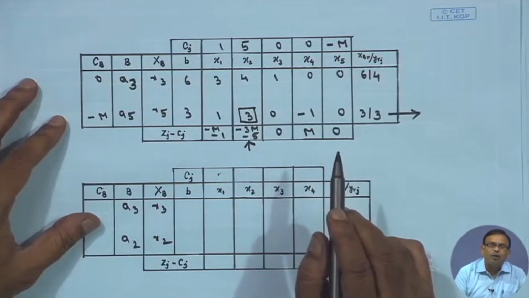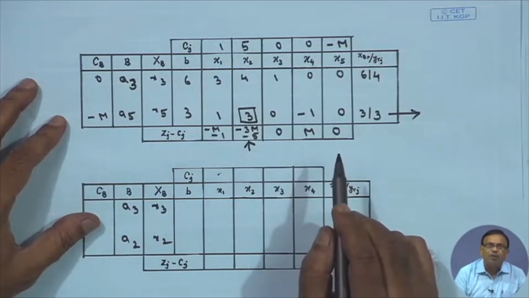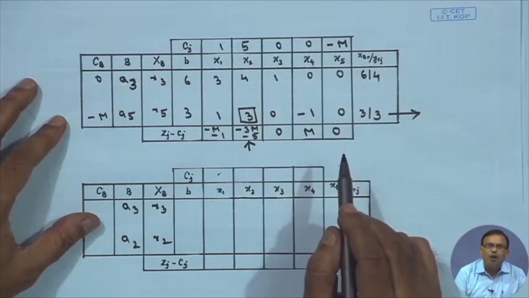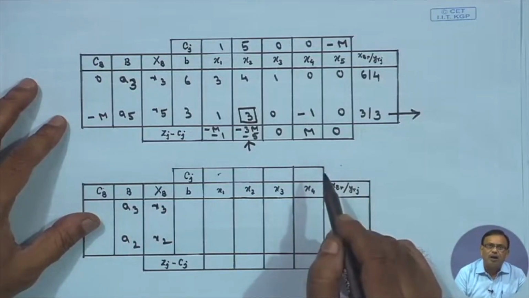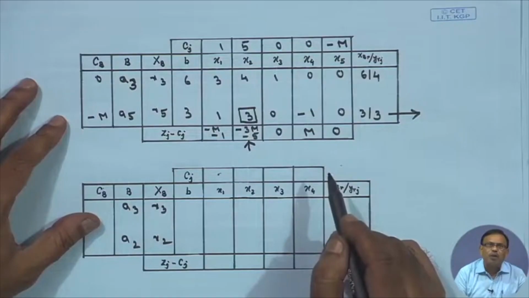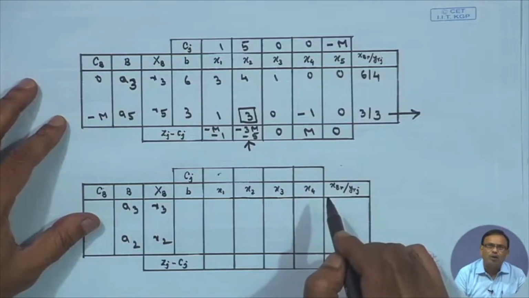Whenever an artificial variable goes out of the system, in the next iteration that column we will remove from our simplex table.